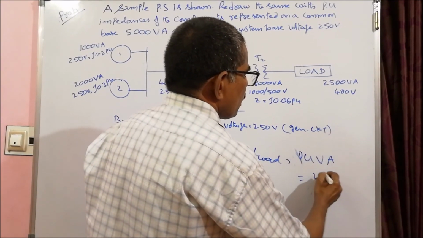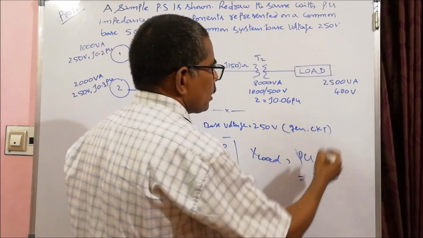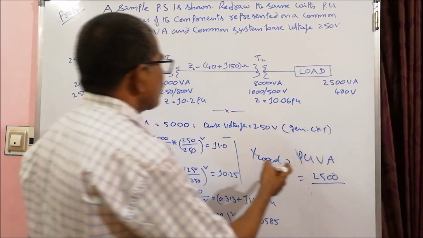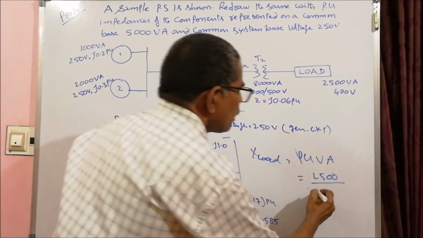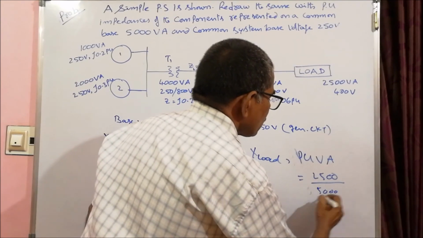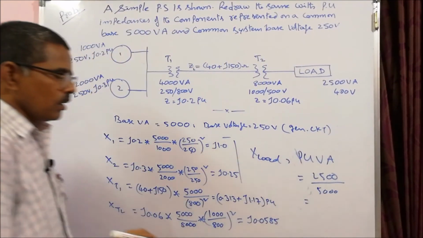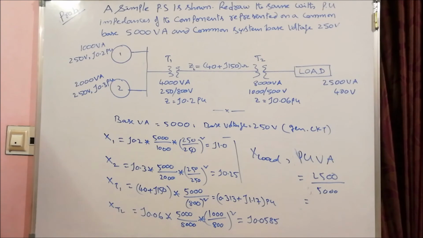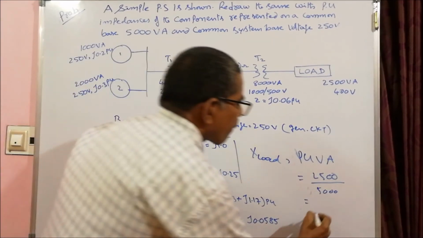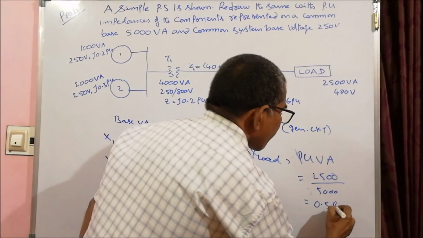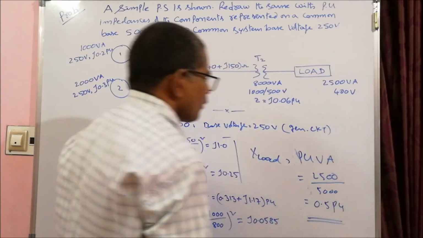For the load, the per unit volt amperes is the actual divided by the base, 5000, which is 0.5. That's all.